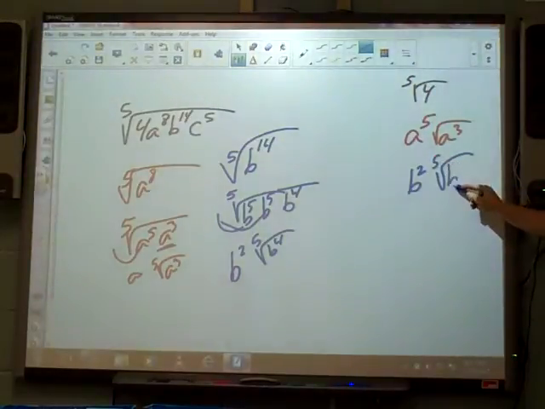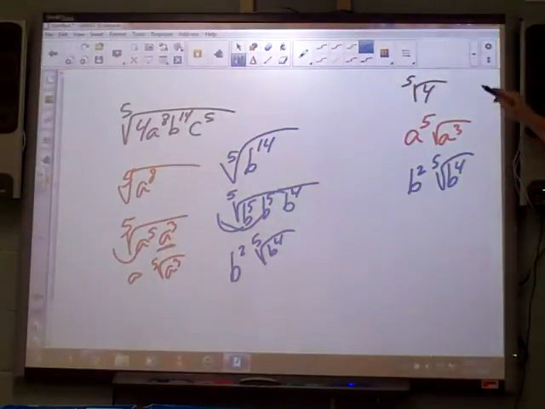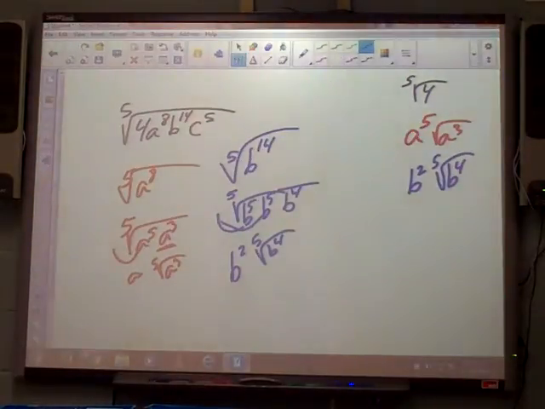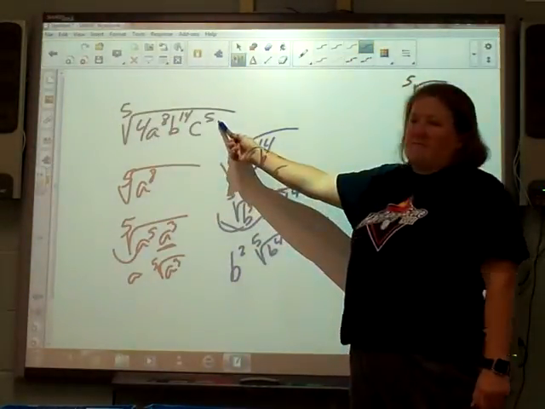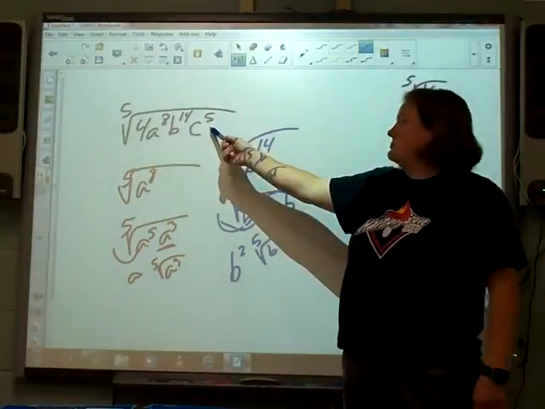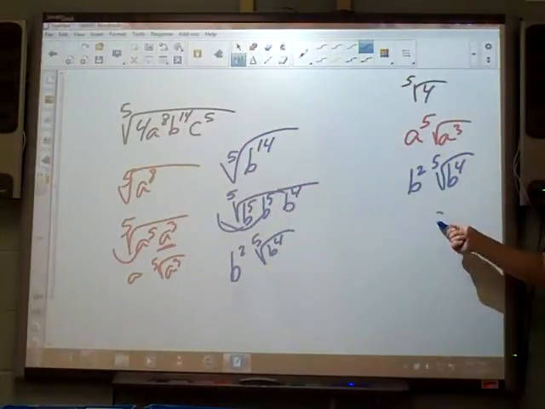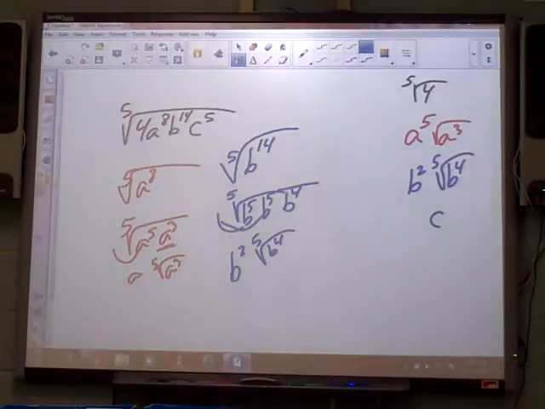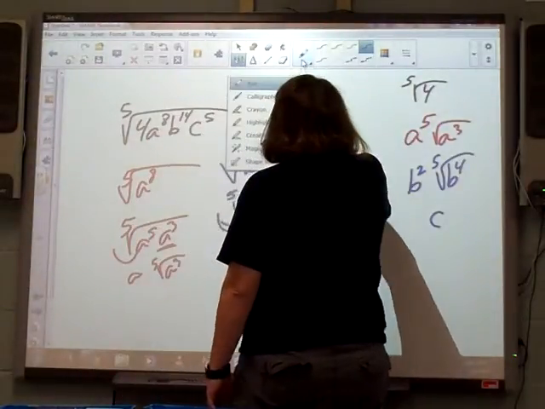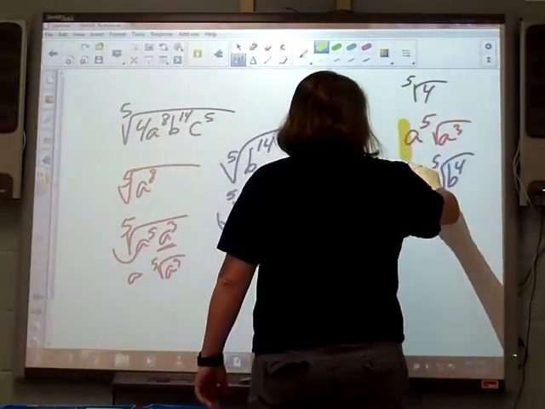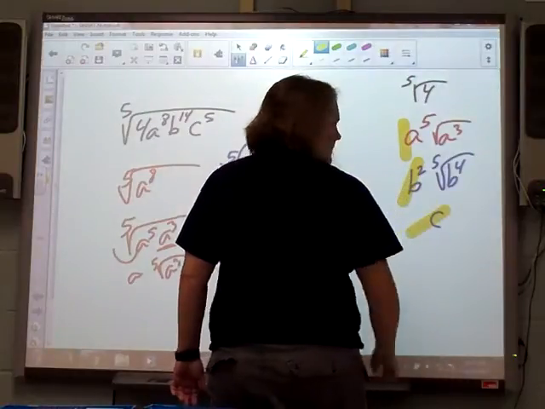So nifty. Okay, so far this black, red, and blue over here is what I'm going to have to combine for my answer. I've got one left to do, and it's the easy one. 5th root of c to the 5th. That's a perfect root there, so that's just c. Alright, so on the outside, look at the stuff that we've got in our answer. Got an a, b squared, and a c.